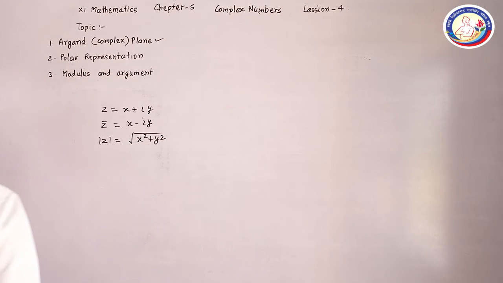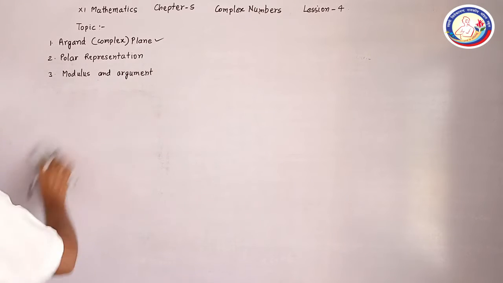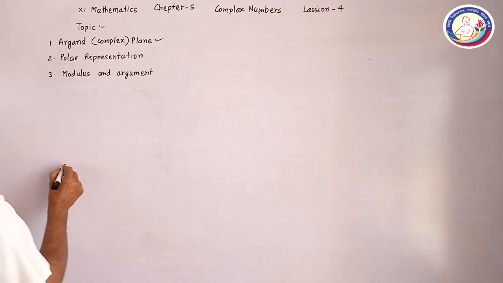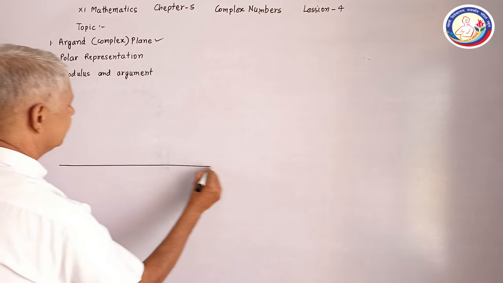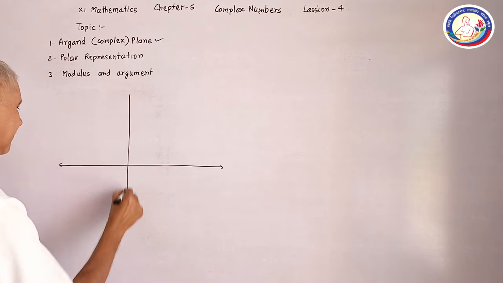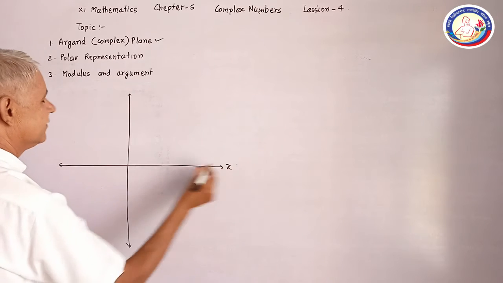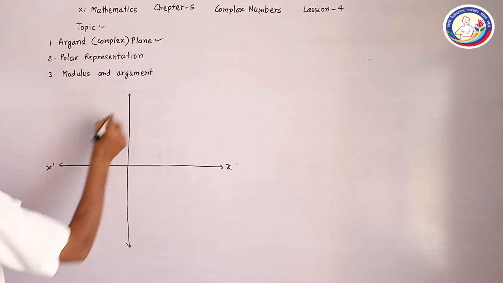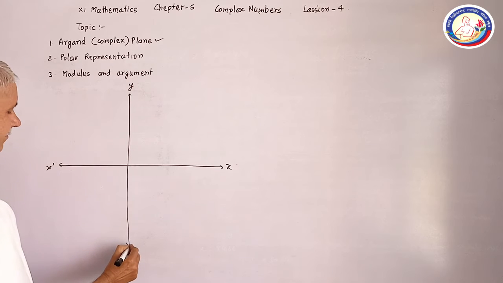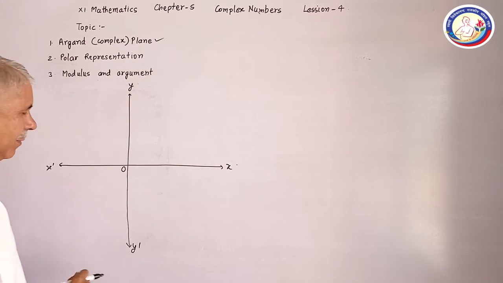Now consider the previous figure here. This is a complex plane with x and y as axes.